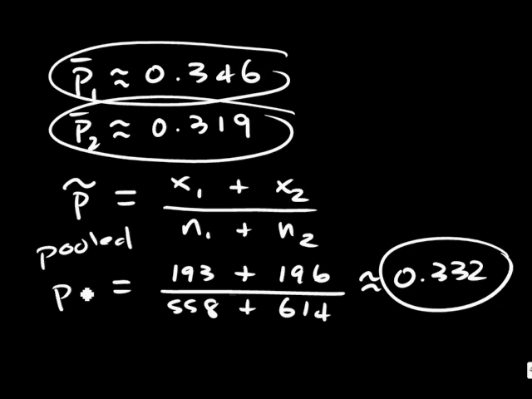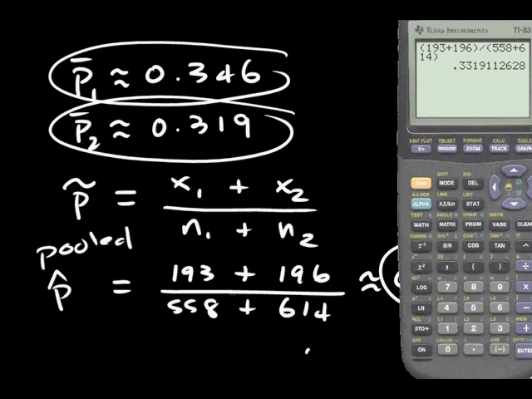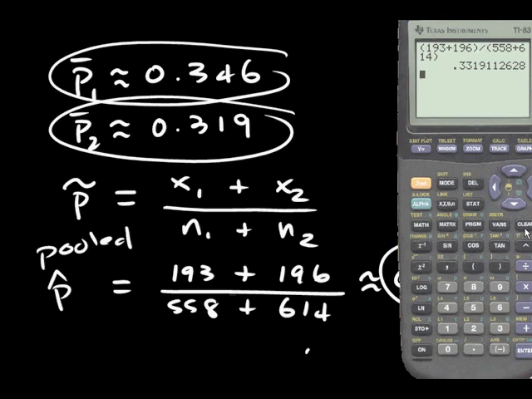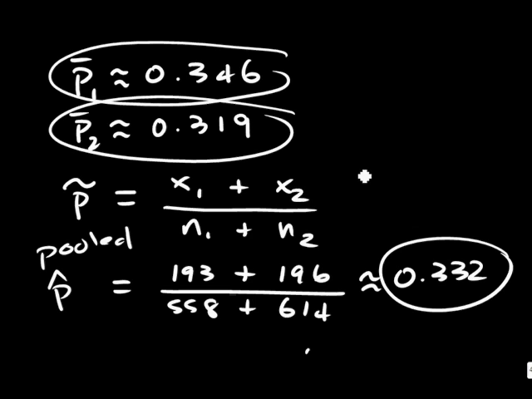Now I want to note that the complement of the pooled proportion, which is important, 1 minus 0.332 is 0.668. This is the complement. So, the complement of the pooled proportion, 0.668, will be used as well because our test statistic formula is the following.